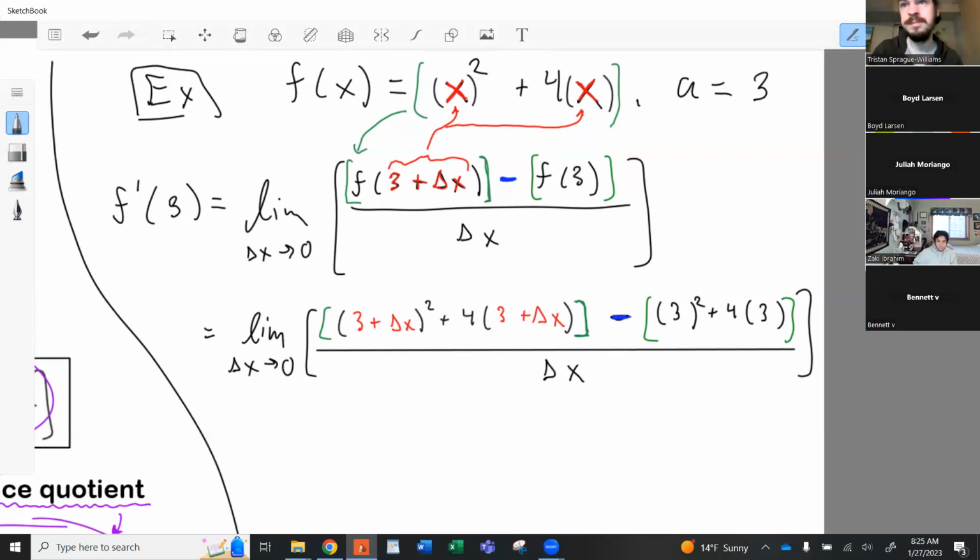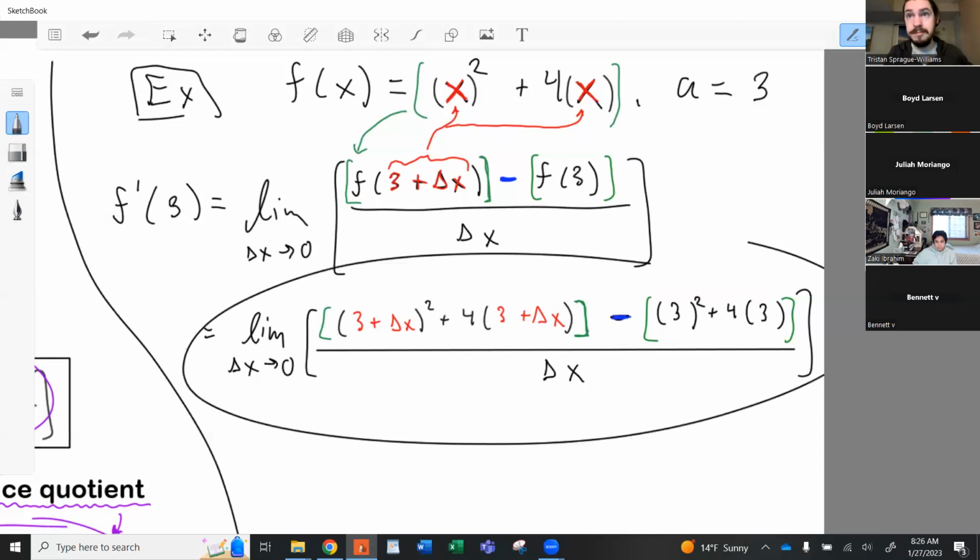Let me pause. I want to make sure everybody's comfortable with what you're seeing here. I guarantee you the vast majority of mistakes in doing a problem like this occur in this setup.